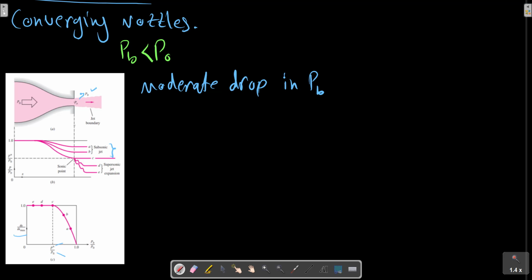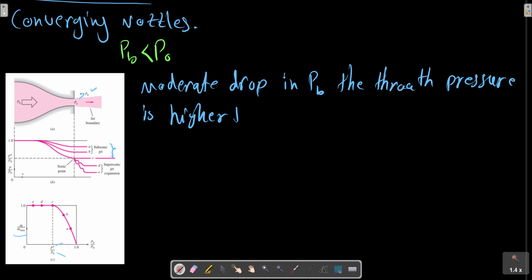The throat pressure is higher than the critical value P star that would make the throat sonic.